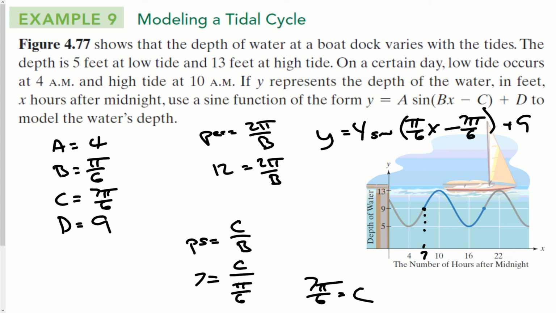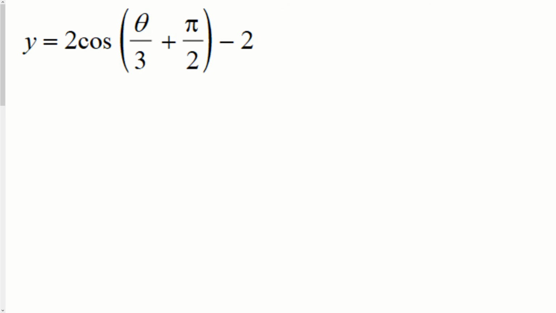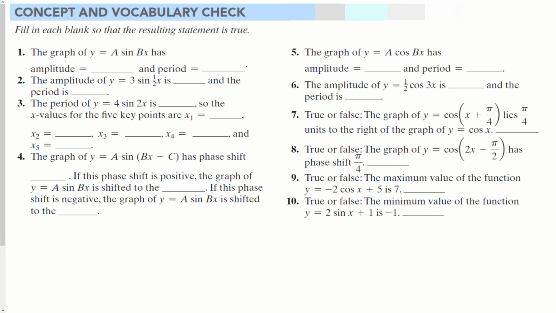A, B, C, and D. Okay. This has gone on long enough, so I'll save some of these extra problems on how to go about making a graph for another video at a later time. That was 4-5, graphing the sine and cosine function.